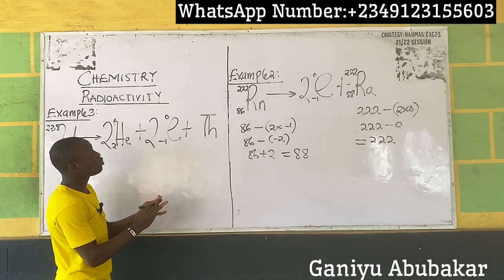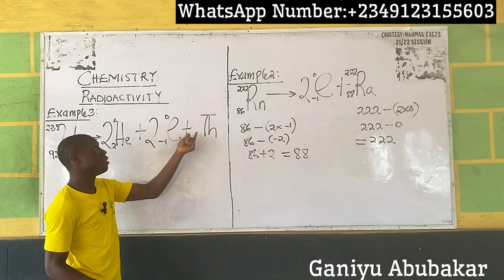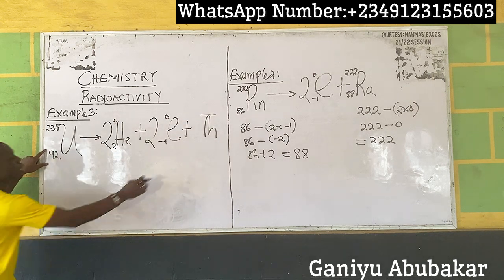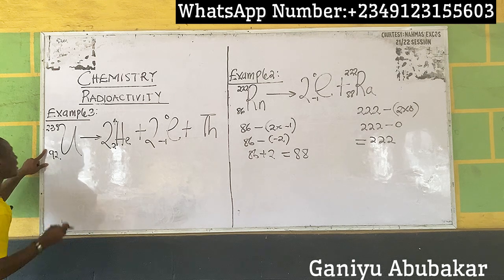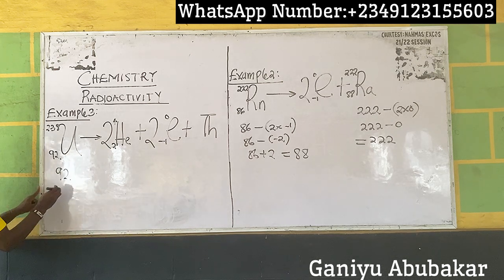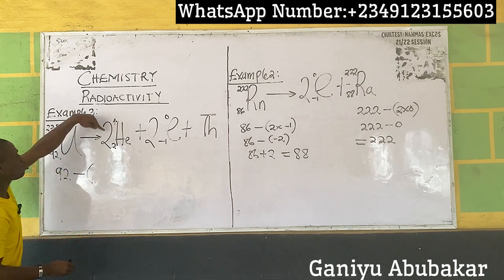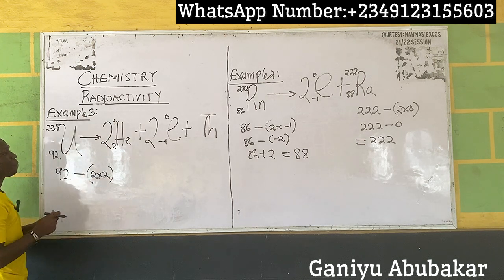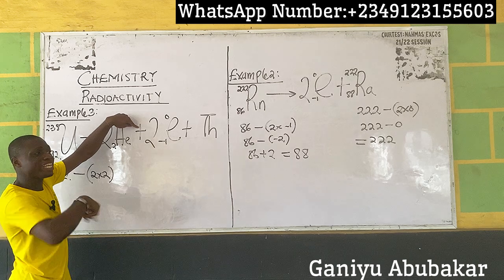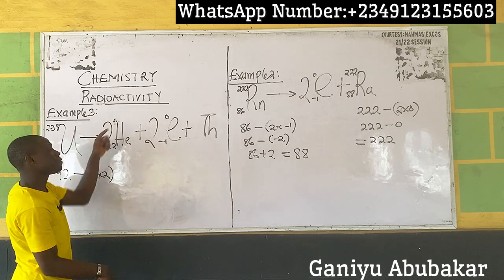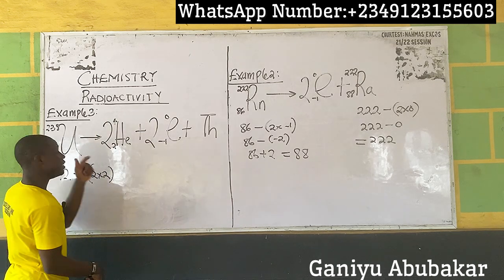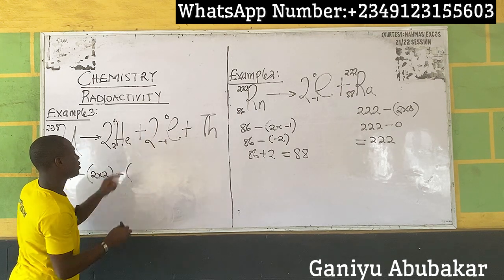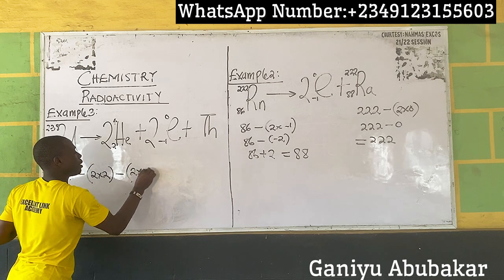Let's try to get the atomic number of thorium and the mass number of thorium. So here's the concept, please. To get the atomic number of thorium, I have 92 minus, in a bracket, 2 times 2, which gives 4. Then this one is plus, but here's the concept: I'm focusing on decay, so I have a negative, minus in a bracket, 2 times minus 1.